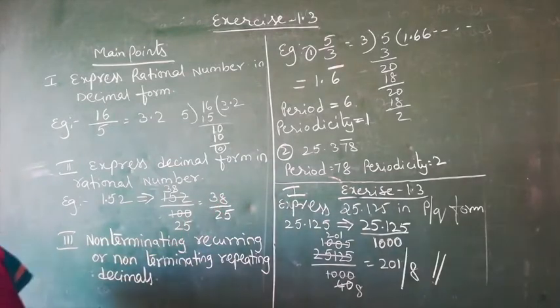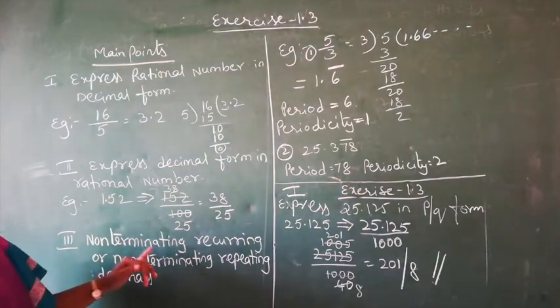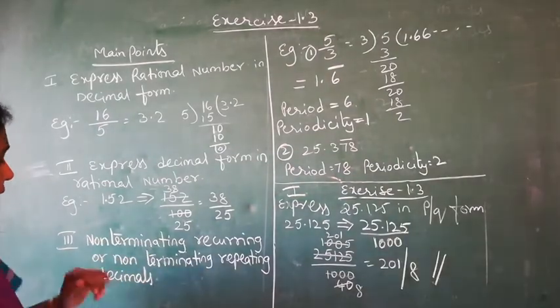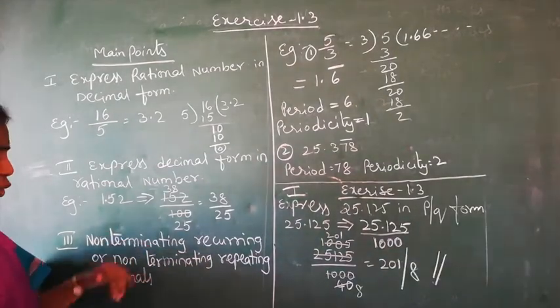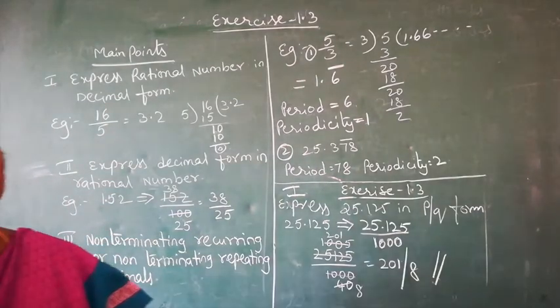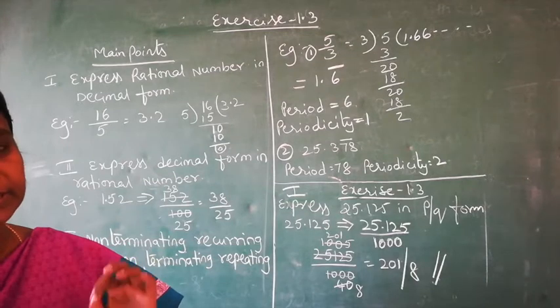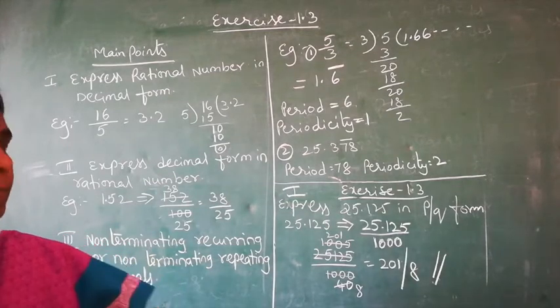Next, non-terminating recurring, or non-terminating repeating decimal. What is the meaning of non-terminating? Non-terminating means the remainder won't become 0. Something is always left in the remainder.